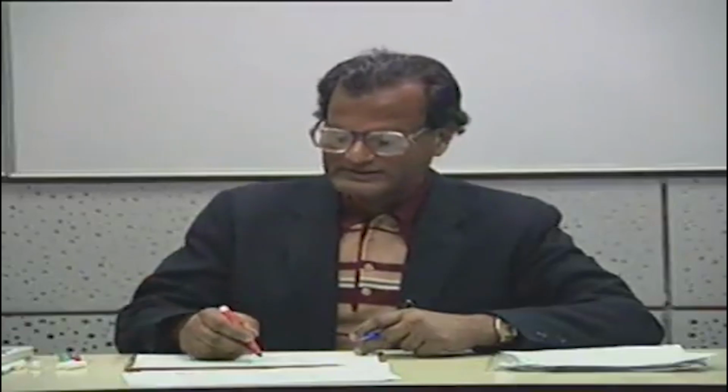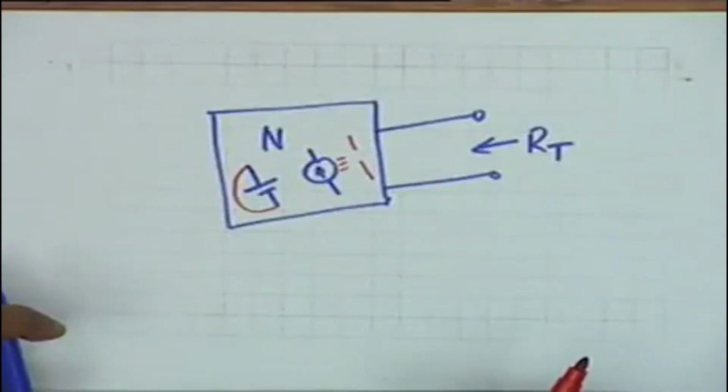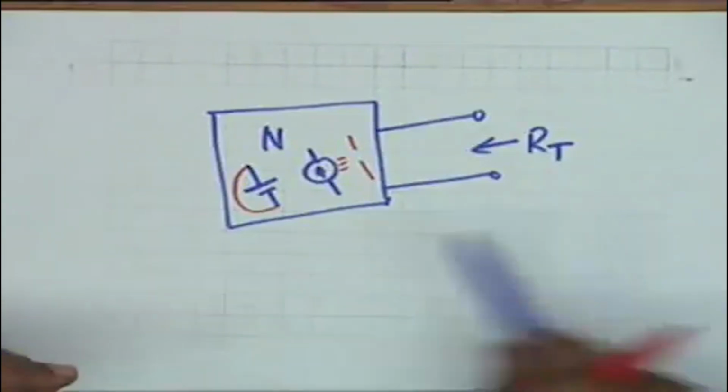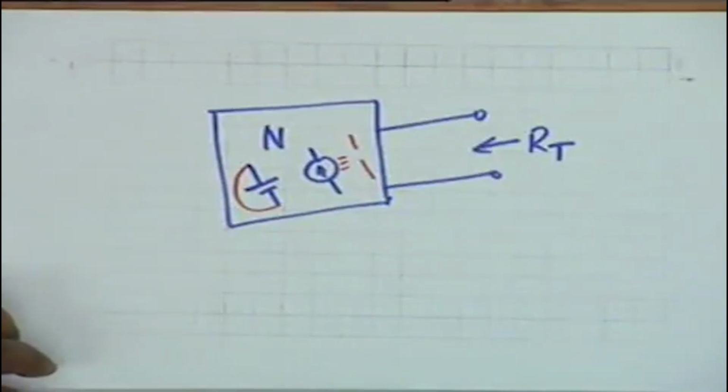That is, you open the current sources and short the voltage sources inside N. Under that condition, whatever resistance is measured across the port is Rt. This is the interpretation of Rt, and this is where the concept of dependent and independent sources arises.